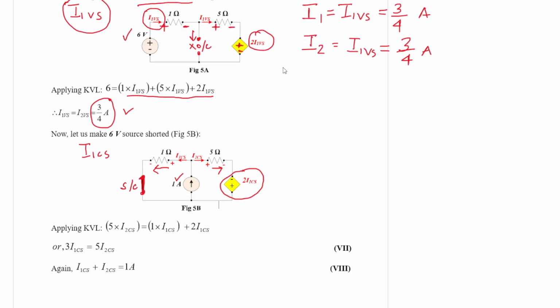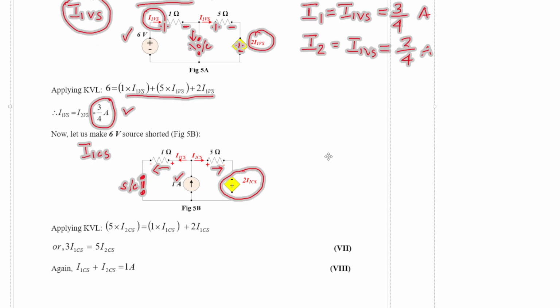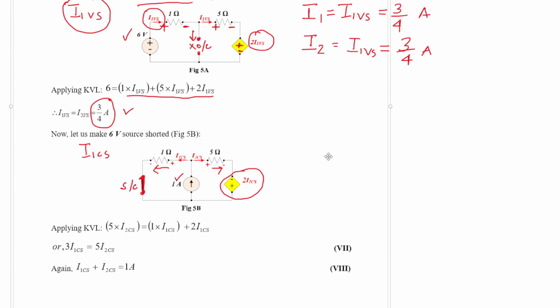Let me figure out the polarity of the individual potentials. The lower node is plus, the upper node is minus, then minus plus, left is plus, right is minus, and then for the 1 ohm, right is plus, left is minus. The potential drops in the 1 ohm resistance and the dependent source are additive.